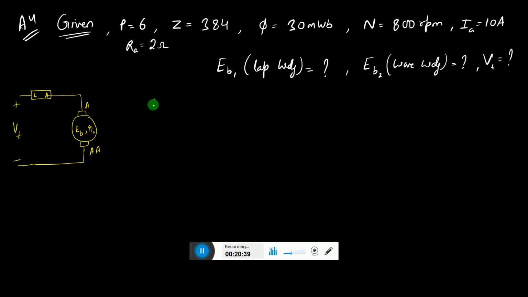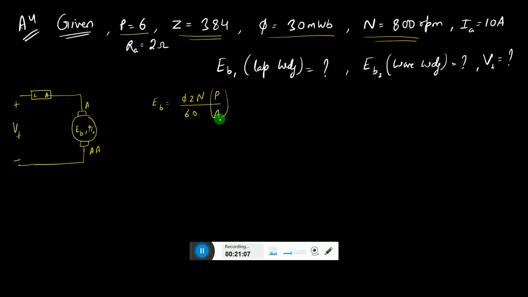Now you have a formula of the back EMF: Eb is equal to phi Z N P by A, whole divided by 60, where P is the number of poles, phi is the flux per pole, Z is the number of conductors, and N is the speed. All the terms are given.